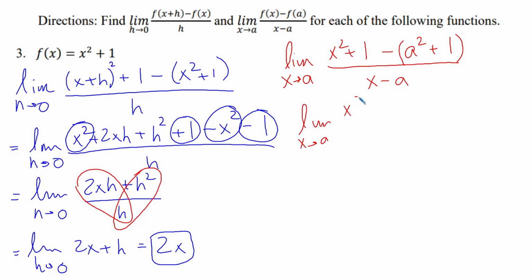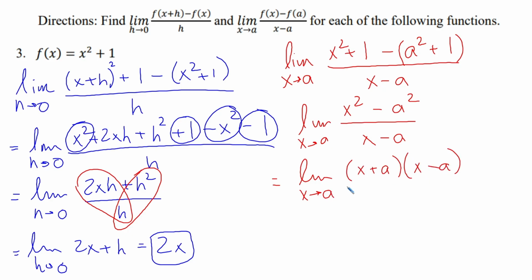So when we distribute that, we see that the plus 1 and the minus 1 cancel out. So we really just end up with x squared minus a squared in the numerator, which is a difference of squares. So we will factor it into x plus a times x minus a over x minus a, allowing us to cancel the x minus a in the numerator and the denominator, leaving us with a limit as x approaches a of just x plus a.